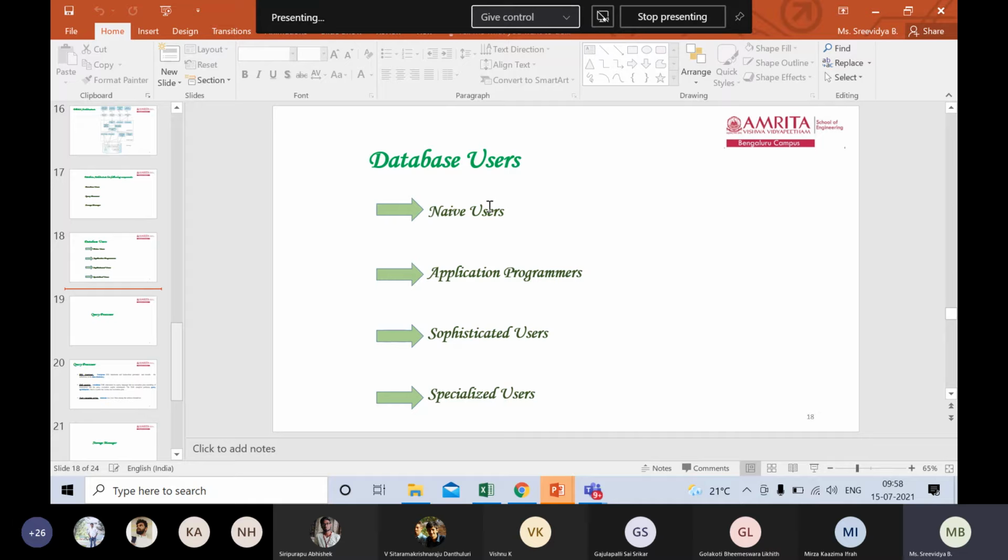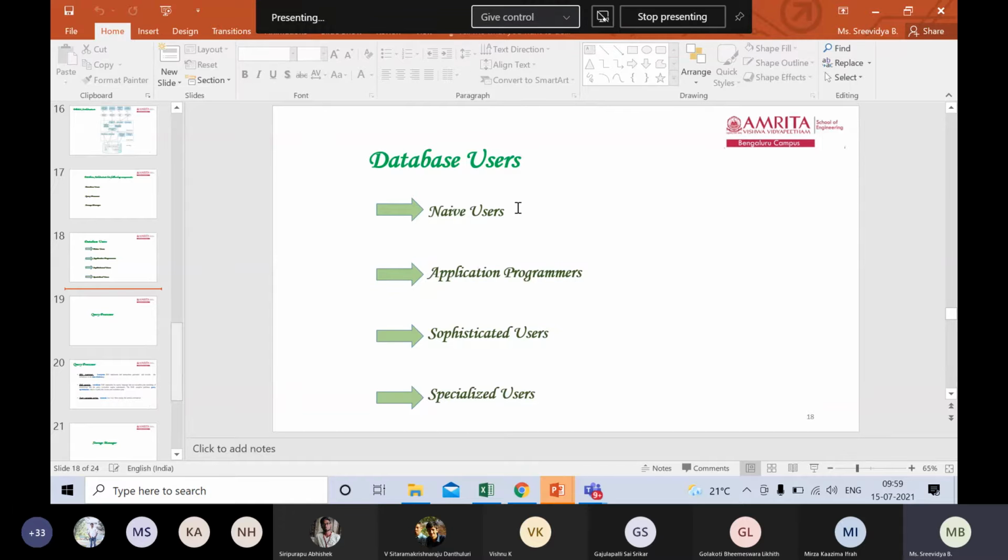The bank employee is going to interact with the user interface. You all have done your database projects, so you know it very well. They interact with the database application through the user interface, and accordingly the corresponding query gets executed, and you get the data.